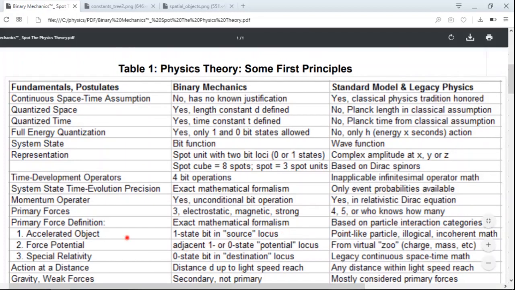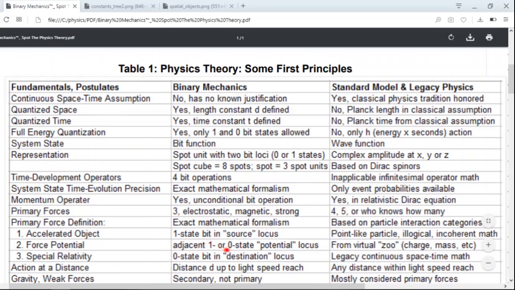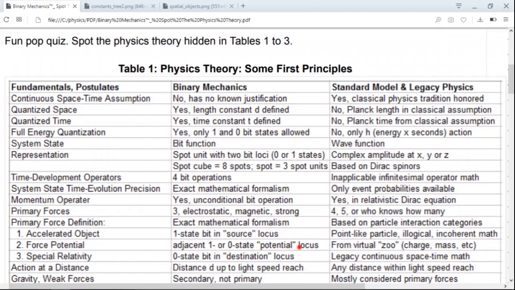The primary force definition consists of 3 points: the 1-state bit in a source locus; secondly, an adjacent 1 or 0 state bit in a potential locus; third, related to special relativity, a 0 state bit in the destination locus. If a 1-state bit is going to move from a source to a destination locus, the destination locus must be empty or in the zero state, which is related to neutrinos, by the way.